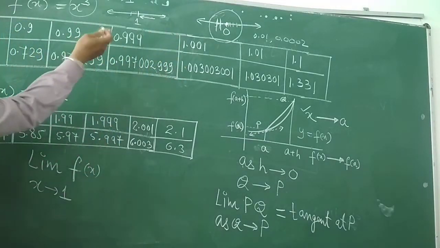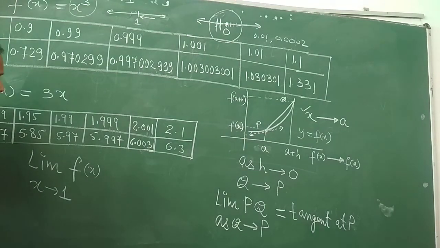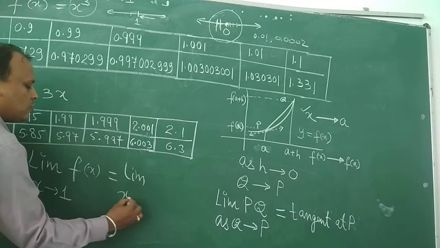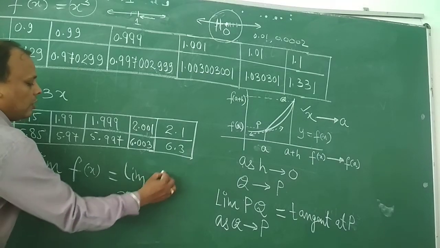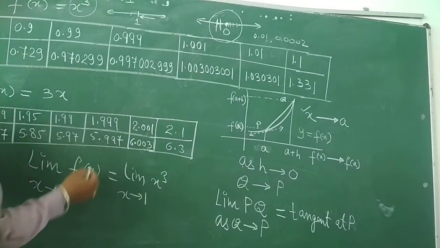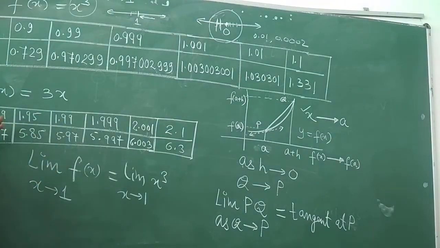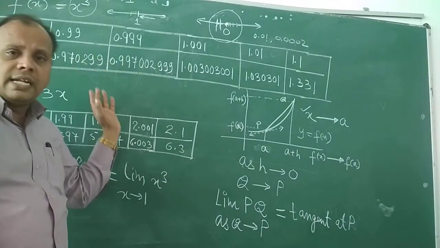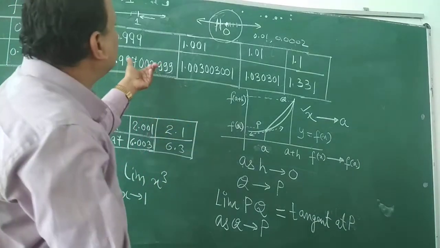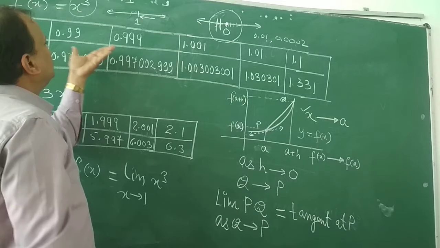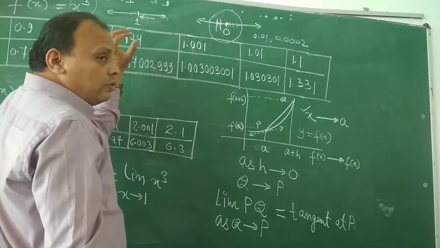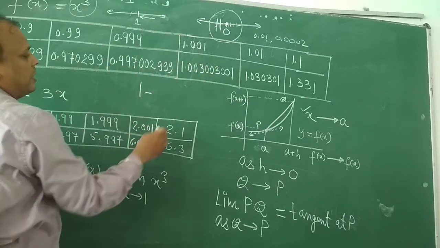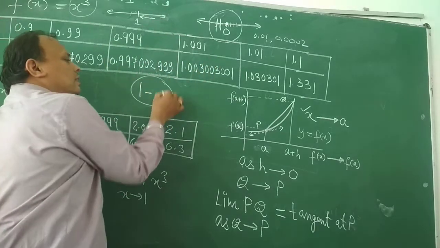From this particular table, we can see the limit as x tends to 1 of x cube. There is a very negligible difference between 1 and 0.99, and the difference 1 minus any such value is negligible.